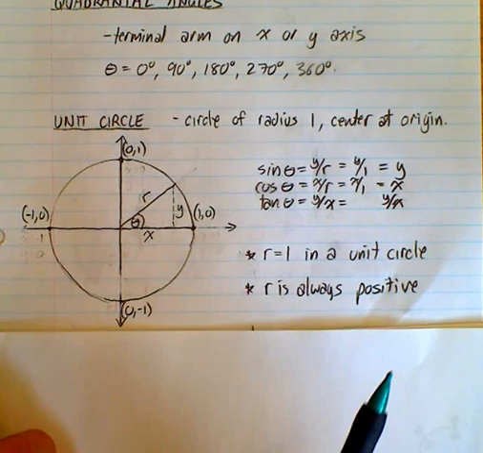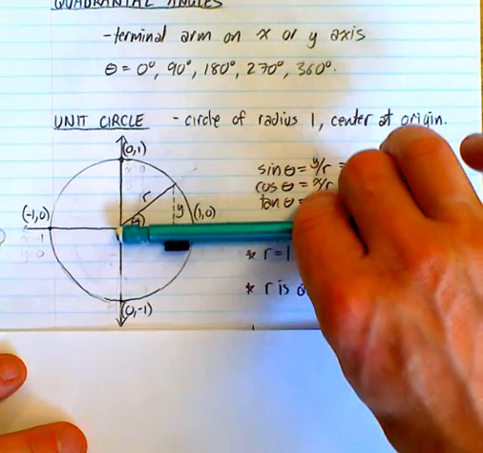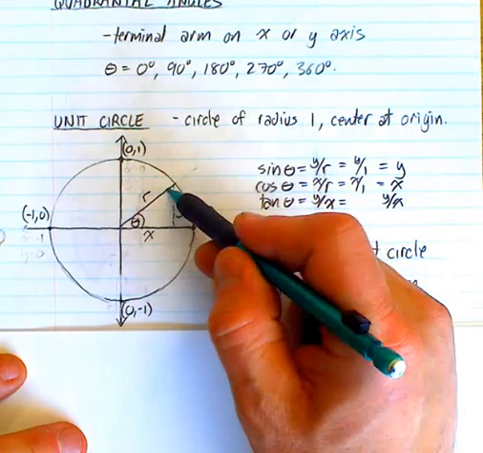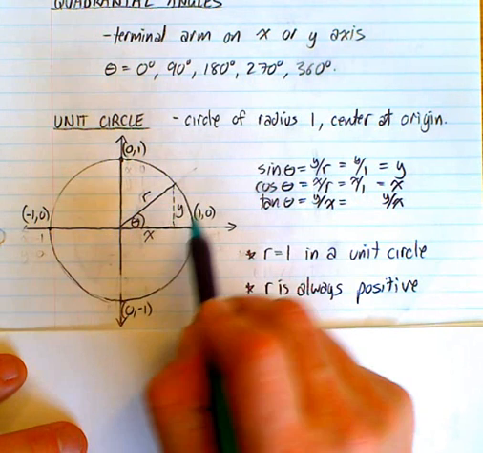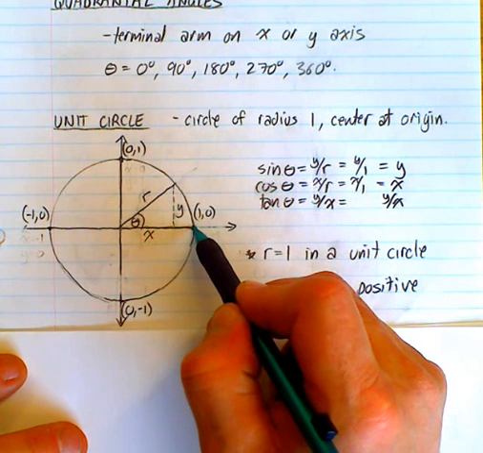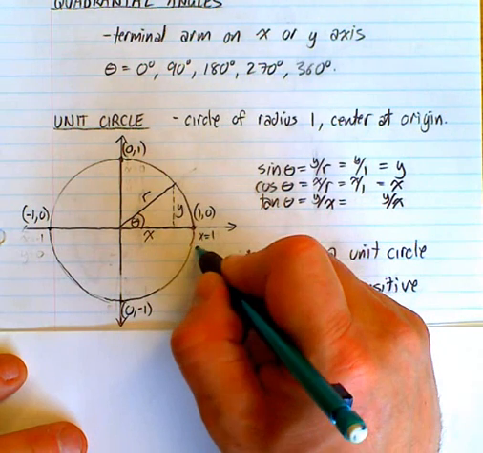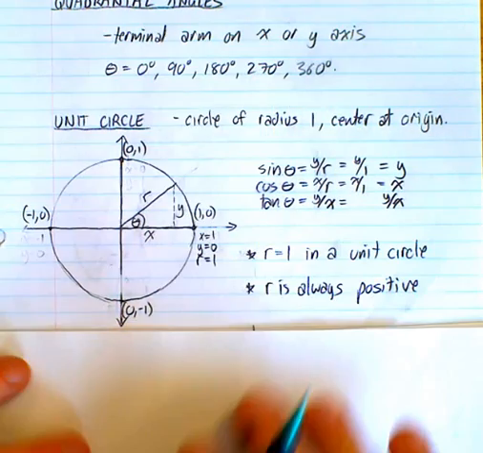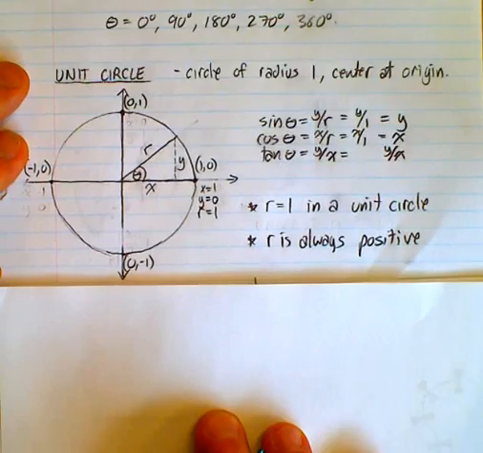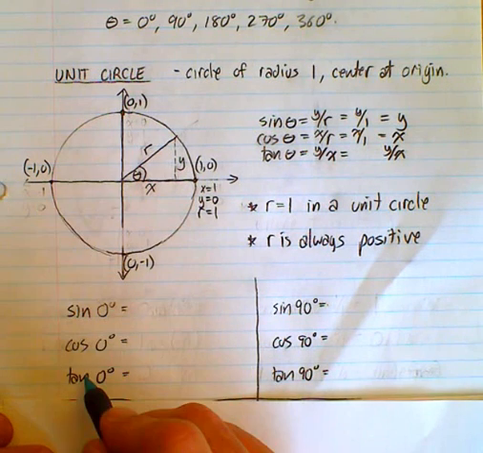Now, what I want you to think about is what happens to your x and y values when you're down here, okay? If you bring this arm all the way down, all of a sudden your x is 1, your r is 1, and your y is 0, right? So we can plug those in here. If x is equal to 1, y is equal to 0, r is equal to 1, well, we can start finding the values for sine 0, cos 0, and tan 0.